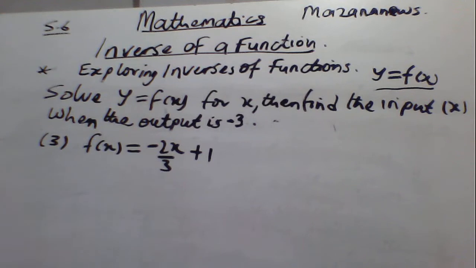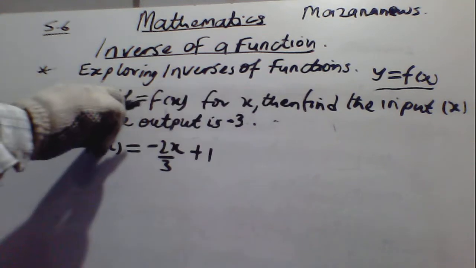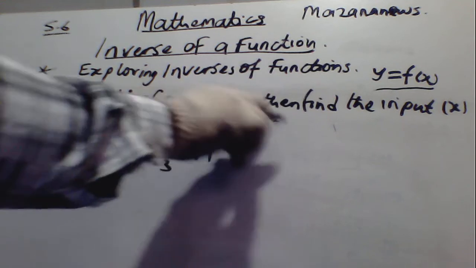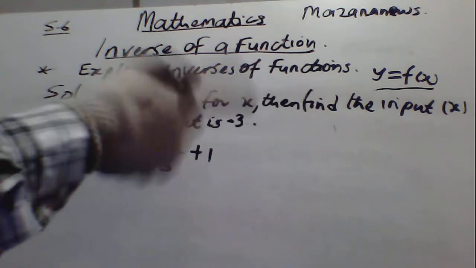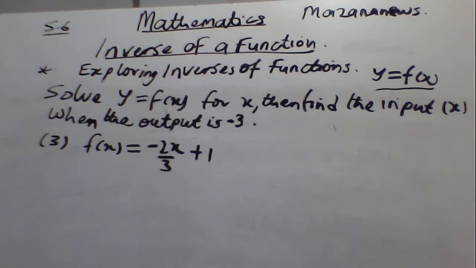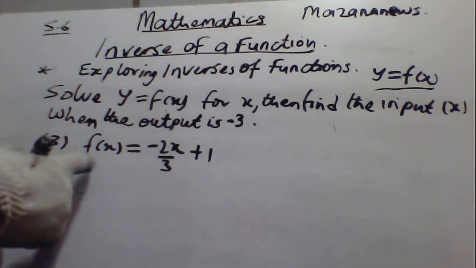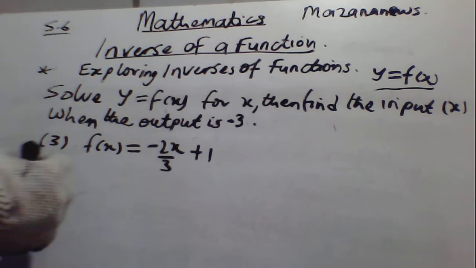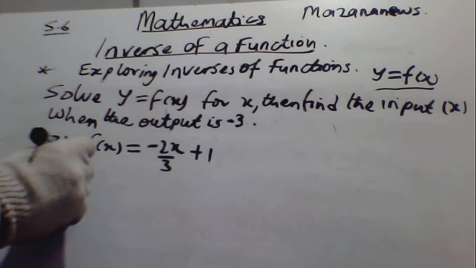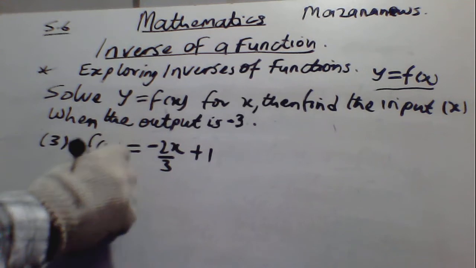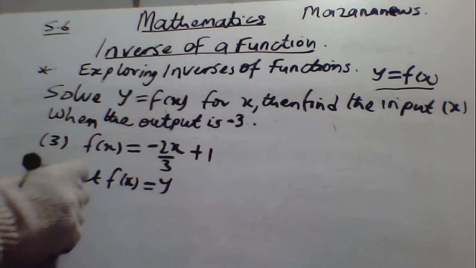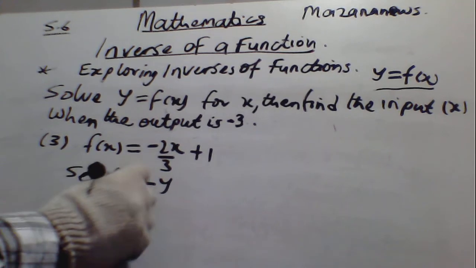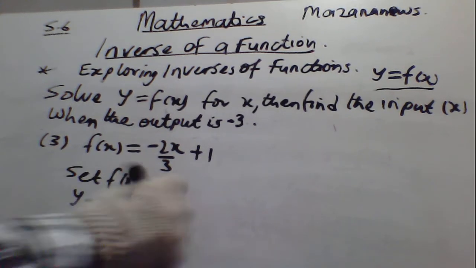So you are required to solve y equals f of x for x, then find the input, that is x, when the output is minus 3. So the first thing is to set f of x equals to y. This gives us y equals minus 2x over 3 plus 1.